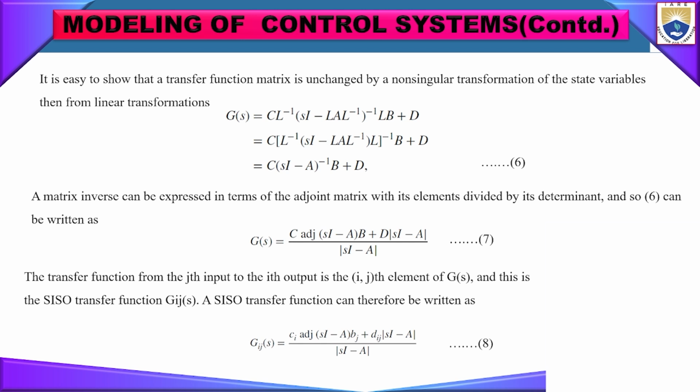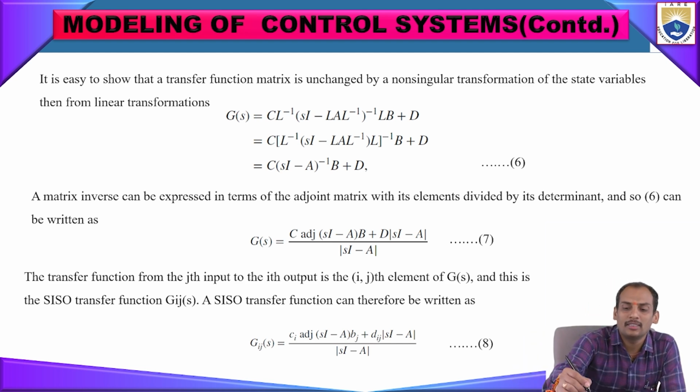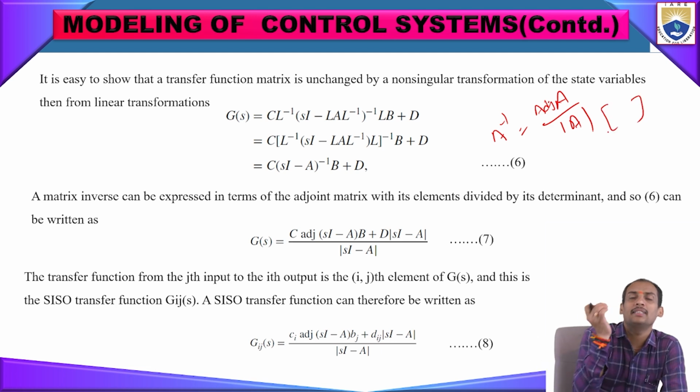So here the matrix of Si minus A is already in inverse form. The matrix inverse can be expressed as the adjoint matrix by the determinant. Generally, A inverse we write as adjoint A by det A, right? If it is a 3 by 3 or 2 by 2 matrix, the adjoint matrix will be each cofactor value by the det of that matrix.